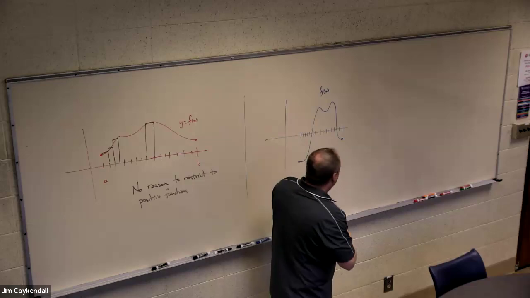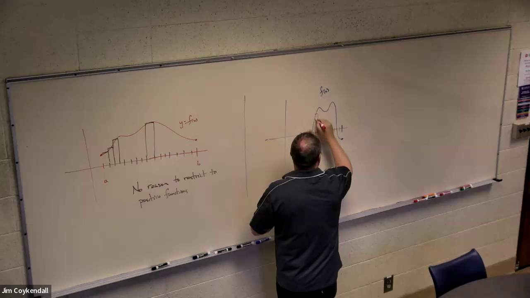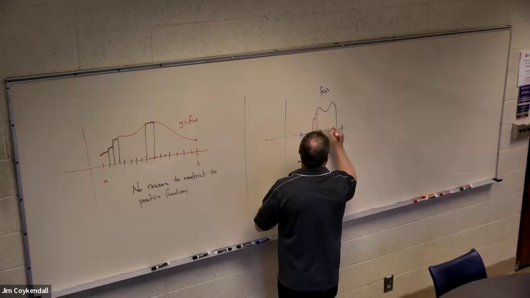But notice that where the function is positive, I get a positive height in the box.